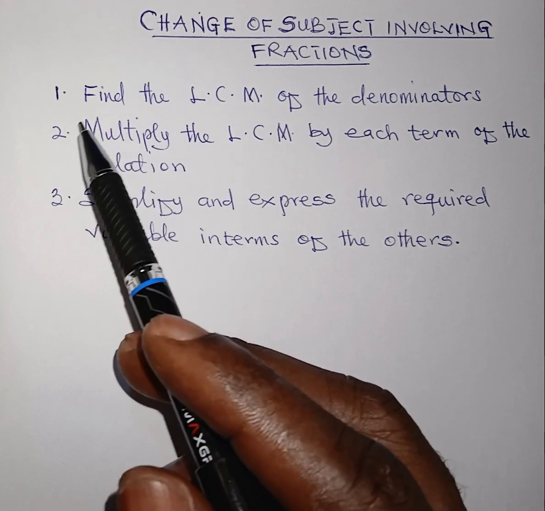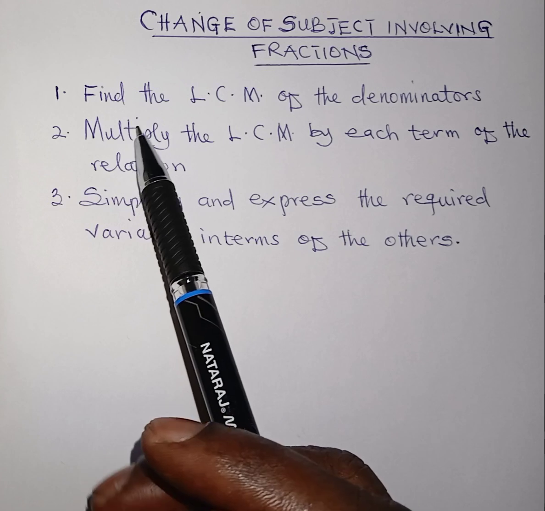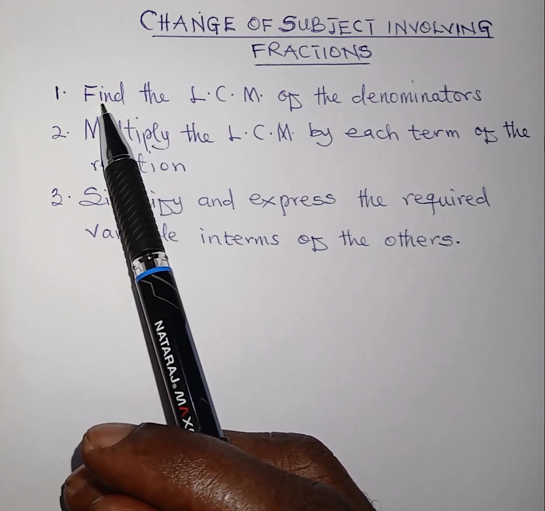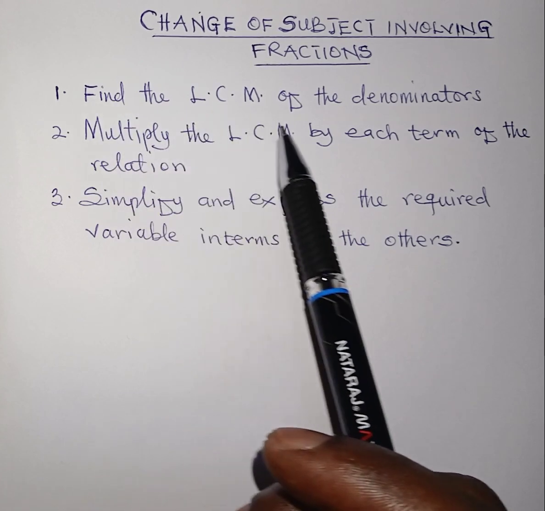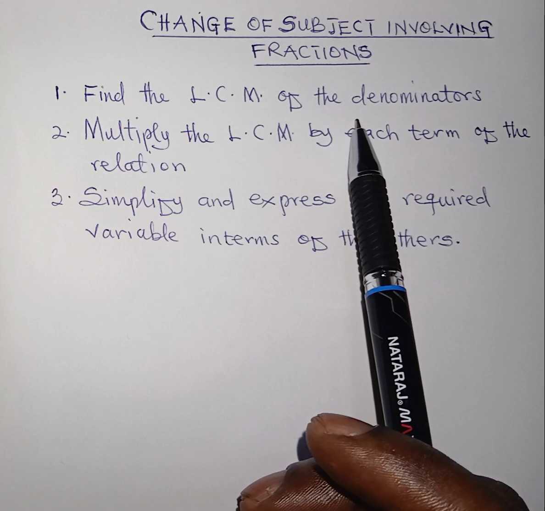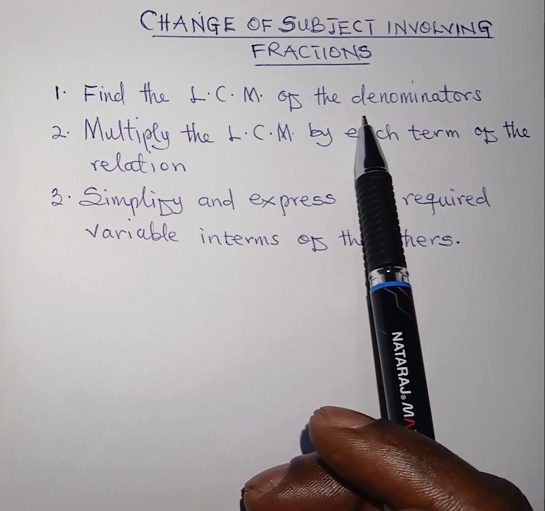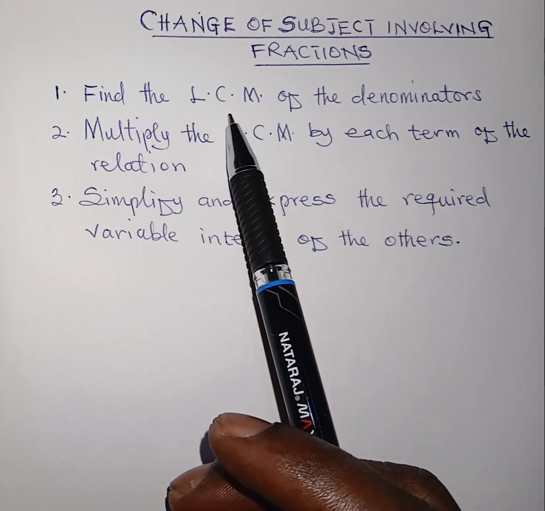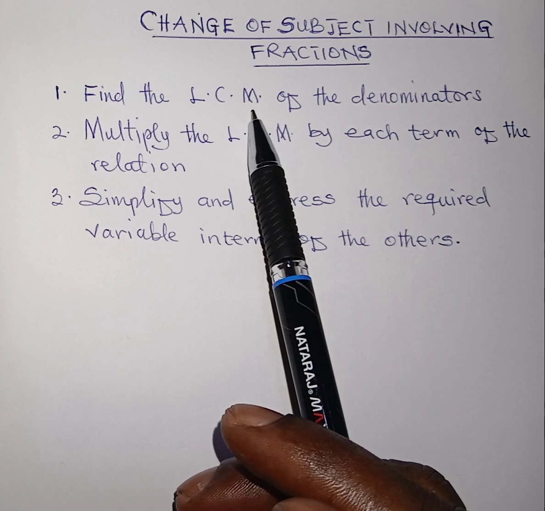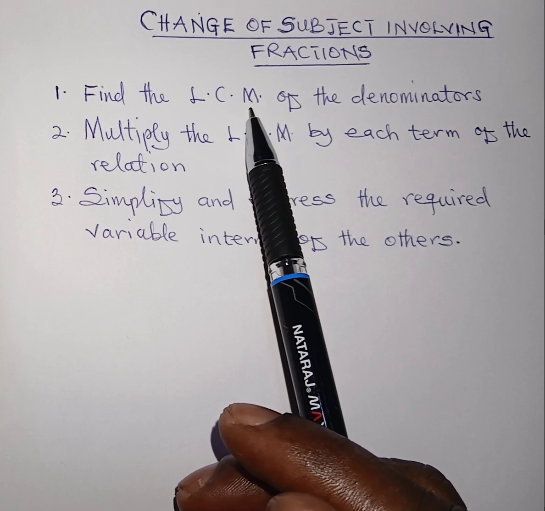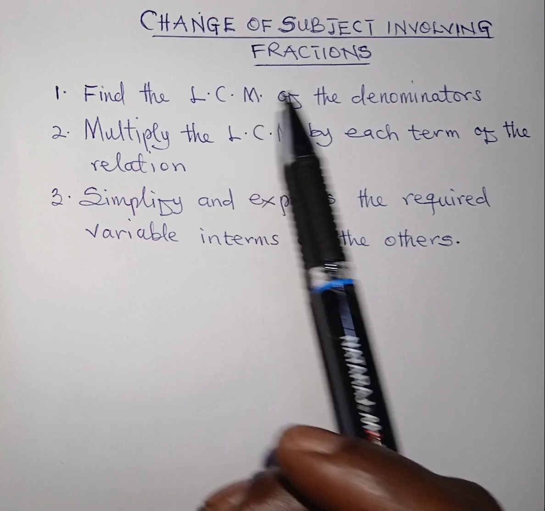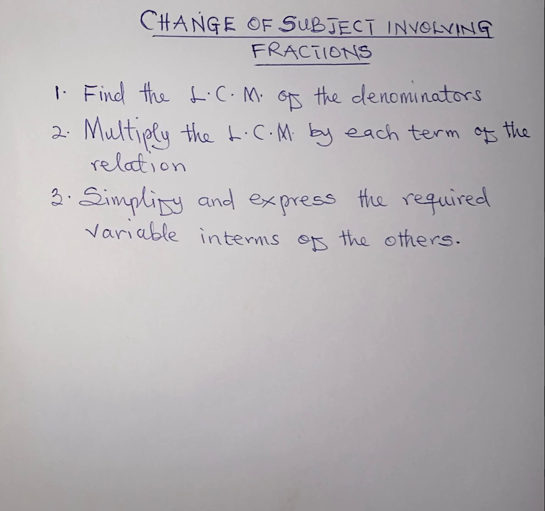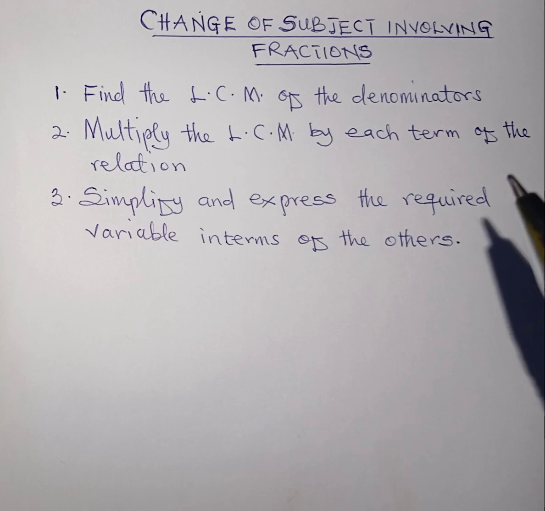In the first step, whenever you have the question, find the LCM of the denominators, that's the least common multiple. For each denominator in the fractions given to you, you find the least common multiple. That is our first step.